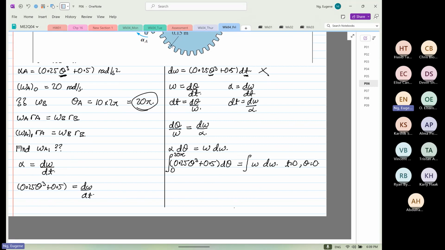Omega naught is equal to 20, and at the top, at 20 pi, is where we achieve our omega A1. Omega A1 is the final velocity at 20 pi. Are we clear?